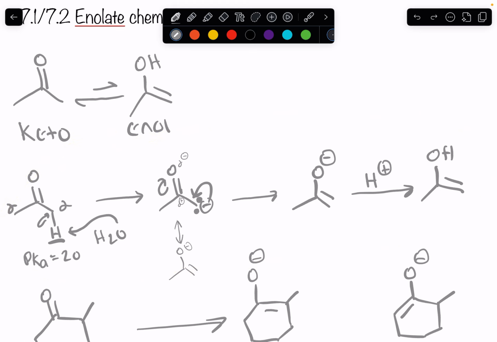I showed you individual steps, but we call it tautomerization, and usually it's done all in one step. So a lot of times you're going to see it labeled as taut, with everything done in one step. This hydrogen is going to be picked up here, this is going to fall here, and this is going to fall here.